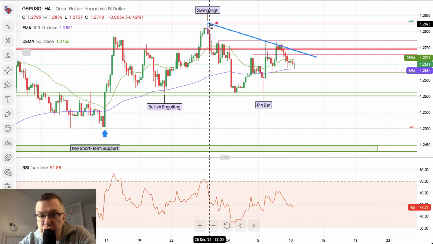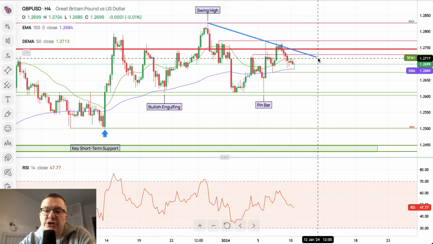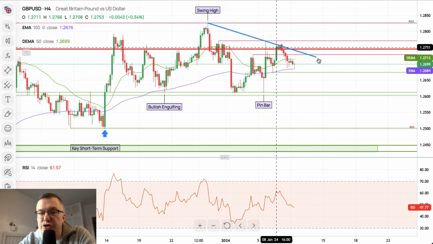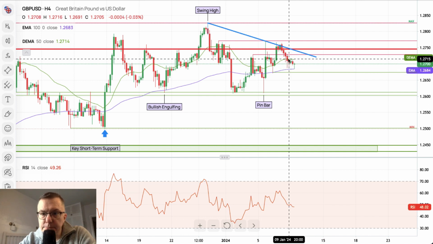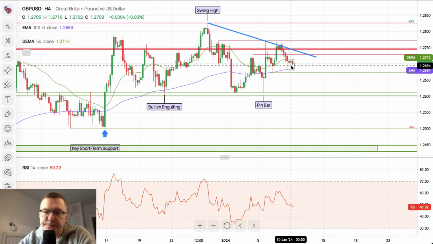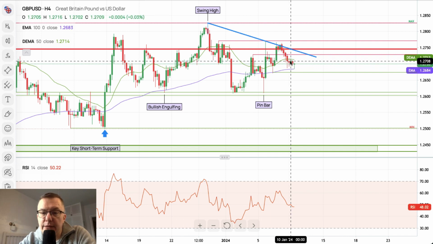We are still trading below the trend line. The trend line has been compromised just briefly, but then the market returned, but there is no follow through to the downside. The market just stopped between these two levels. Now we are waiting for the breakout either to the downside or to the upside.